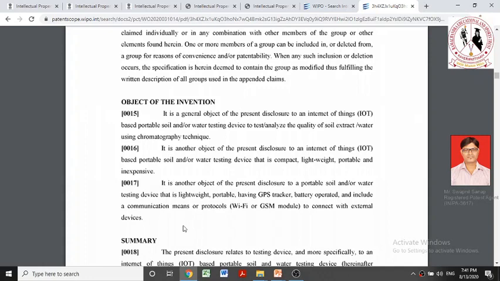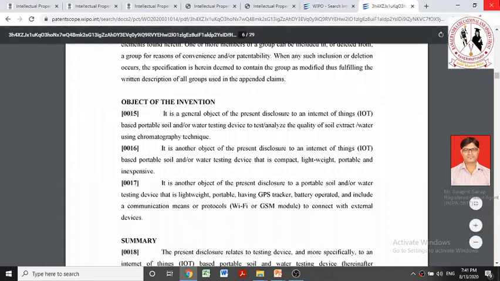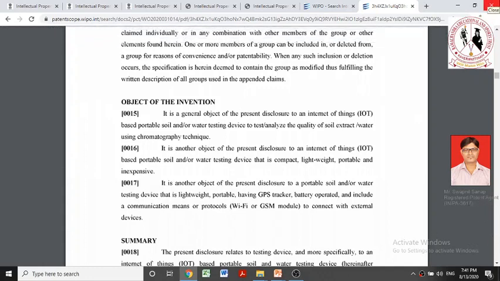Now here he has clearly indicated that he wants to come up with an IoT device which is used to test or analyze the quality of the soil extract or water using chromatography techniques. Another example object is that this device should be compact, lightweight, and, sorry, it should be portable and inexpensive.